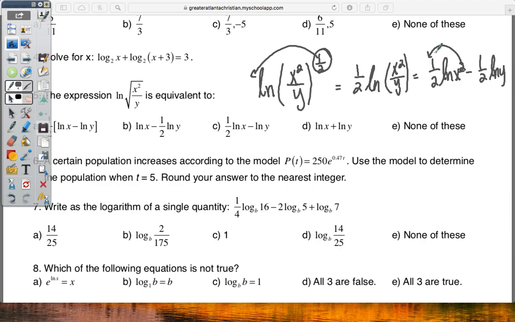So 2 times 1/2 would be 1, right? And that would just be ln of x minus 1/2 ln of y. And that would be it. Okay, so you can actually shoot the 2 over. You can. It's like doing it a second time, but since it goes to everything, we do that first. Okay? Cool?